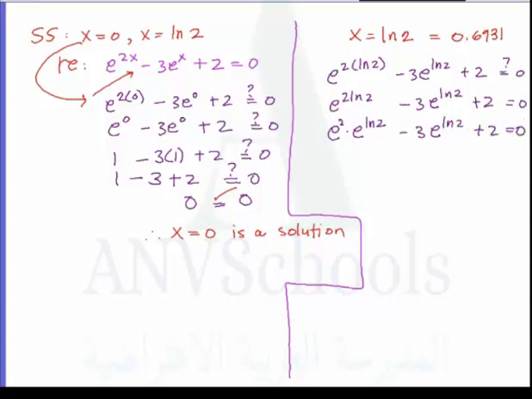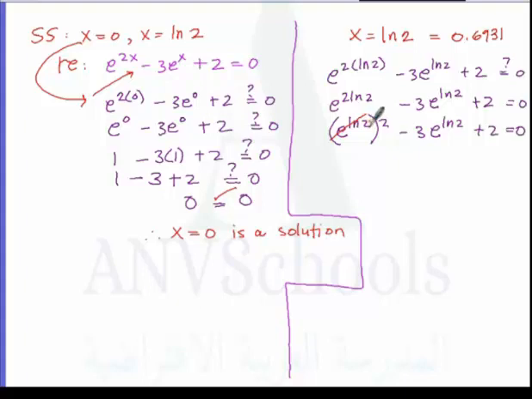Or I think we have some mistake in this part. This should actually be e raised to ln of 2, times 2. And we know from the property of the natural logarithm that when e is raised to an ln, then the corresponding value is 2.